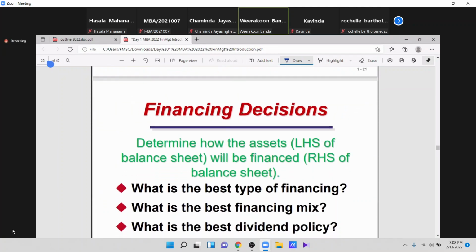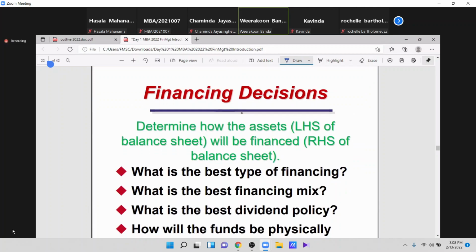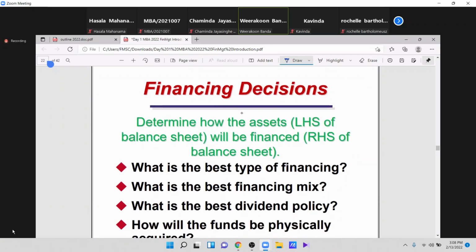Second point, financing. Determine how the assets, the left hand side of the balance sheet, will be financed on the right hand side of the balance sheet. How the assets will be financed.